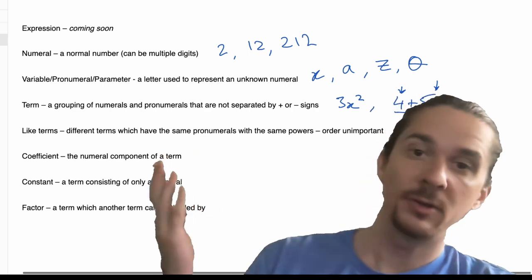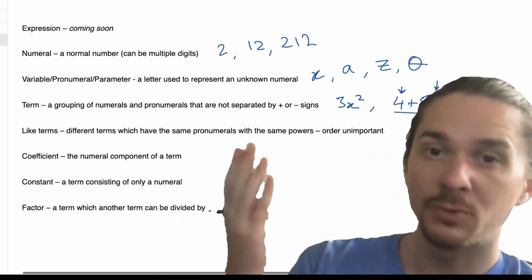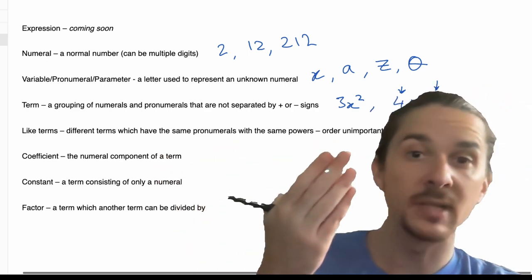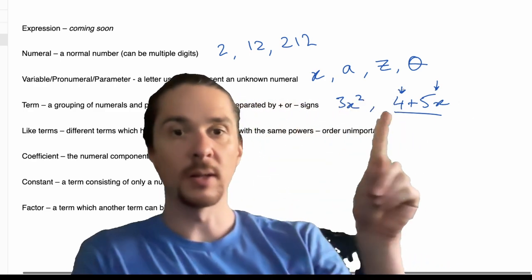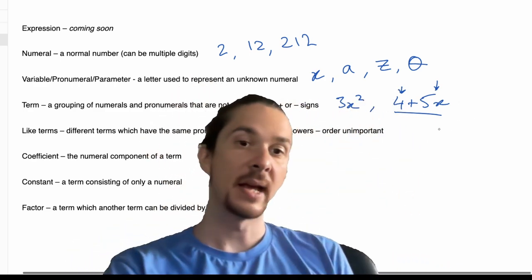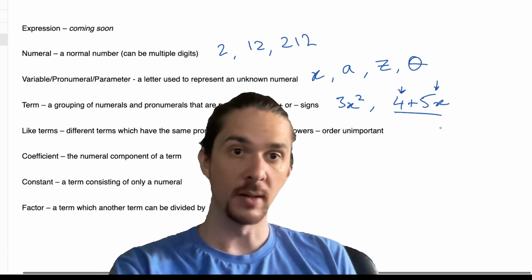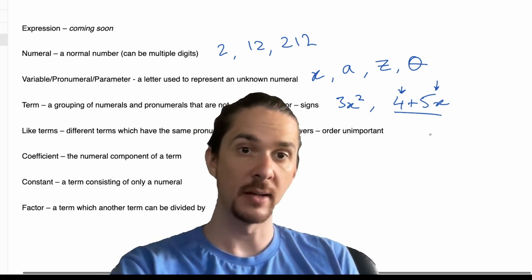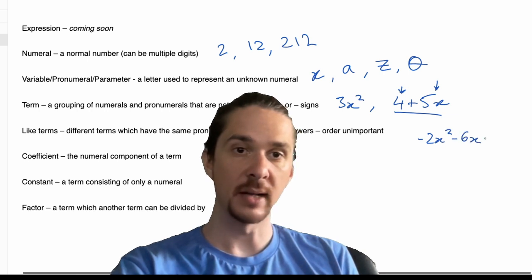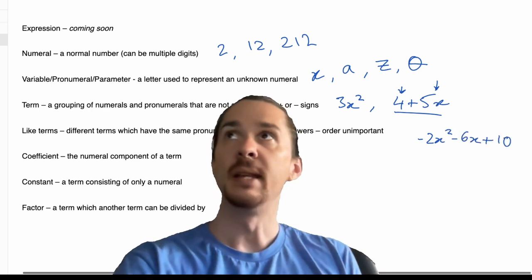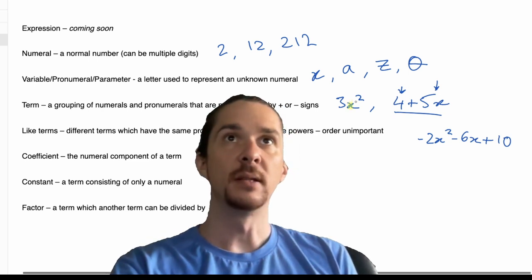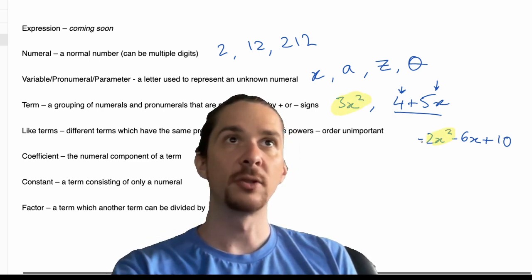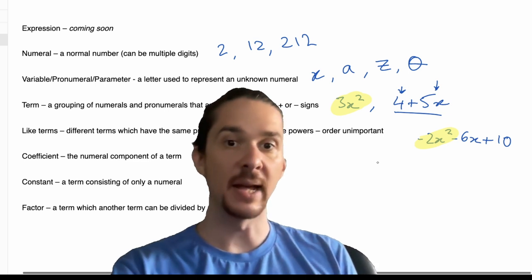What are like terms? Like terms are different terms that have the same pronumerals with the same powers. The order is unimportant. So none of these are like terms. But if I had another set of terms here, say I had negative 2x squared minus 6x plus 10, now I have three pairs of like terms because this is like terms with that, because we have the x squared.